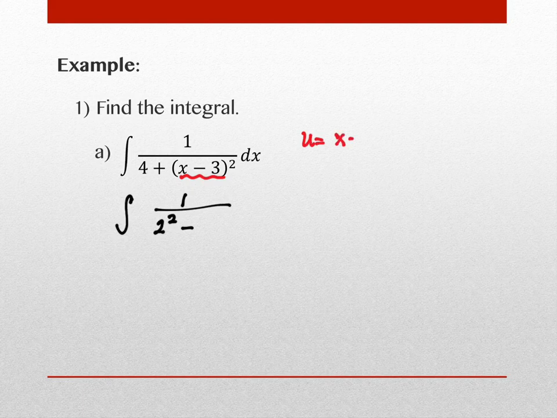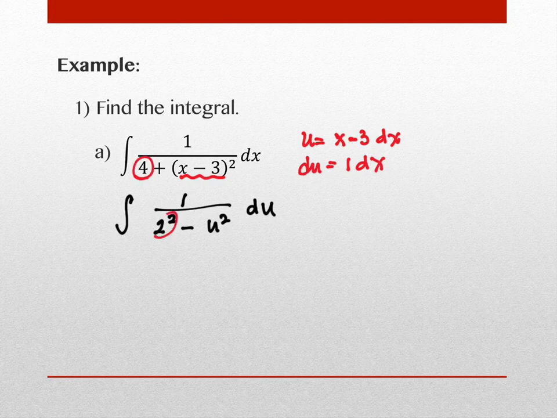U is x minus 3, and then the du is going to just be 1 dx. Okay? So we can replace the x minus 3 squared with u squared, the dx with du. And we can use the arctangent piece that we saw on the previous slide. Now, the a value is this number right here that has been squared.